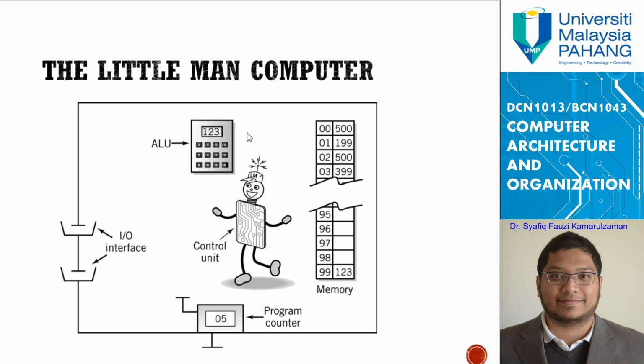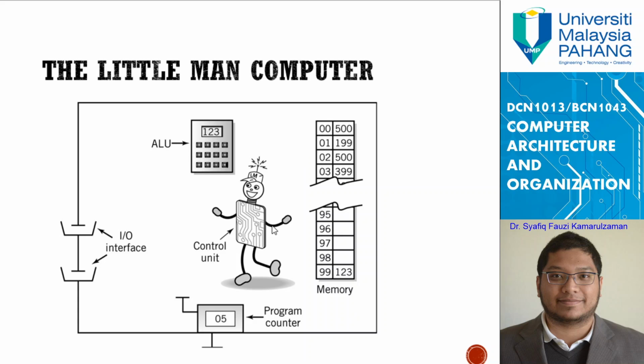So if you want to think of your computer, you can think of the control unit as a seller at a McDonald's, for example. This is the McDonald's counter staff, and here is the input-output interface, which is the counter, and here is the number of orders. And here is where you calculate the price for your order. And at the back here is your food.